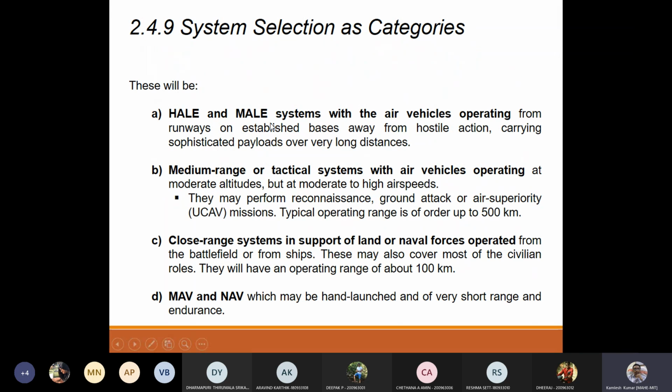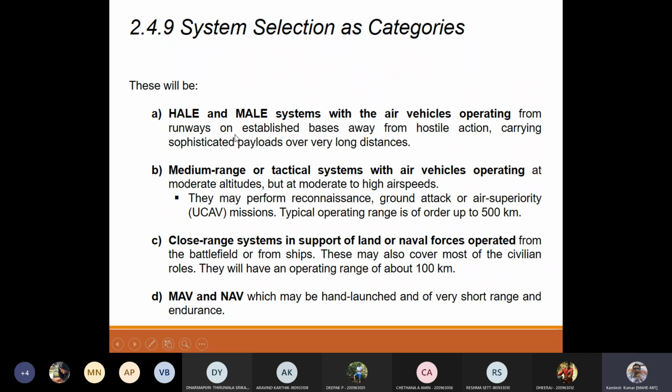So system selection, we have already covered this: HALE type, MALE. Okay, and medium range tactical systems, they may perform ISR type of applications, and this range supports around 500 kilometers. Close range systems normally support around 100 kilometers. Then short range micro air vehicles or maybe nano air vehicles.